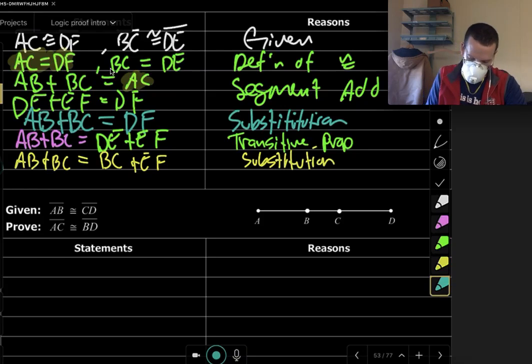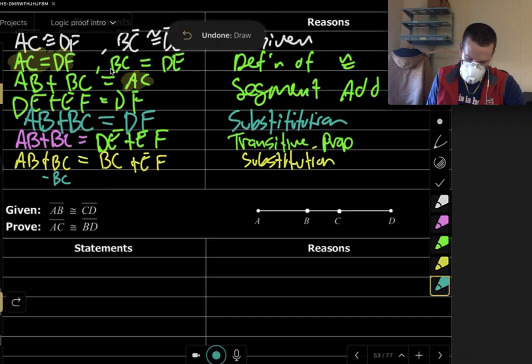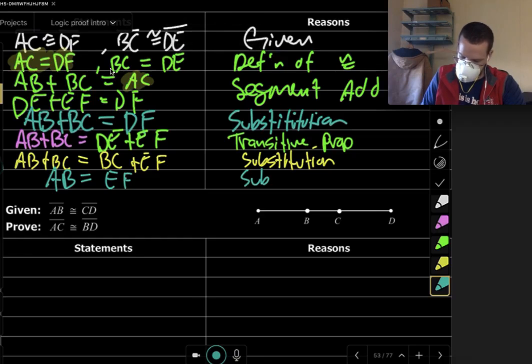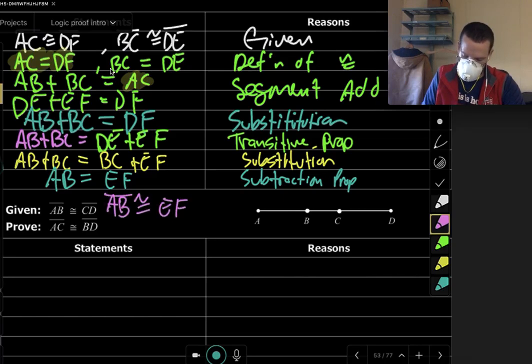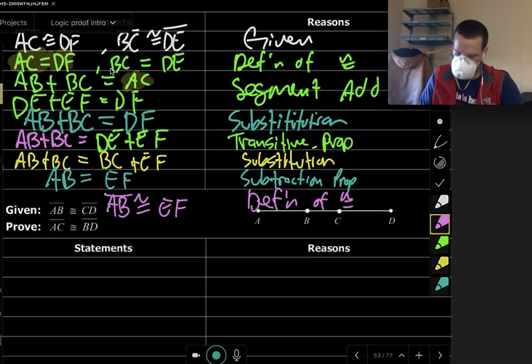And now I'm going to subtract BC from both sides. So this will look like AB is equal to EF by the subtraction property of equality. I'm allowed to subtract the same number from both sides. And now how I can finish this up: AB, the segment, is congruent to EF, the segment, because that is literally the definition of congruence.